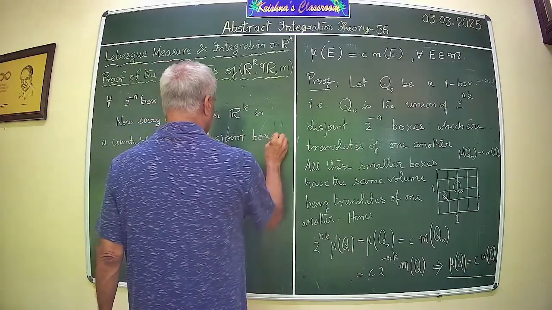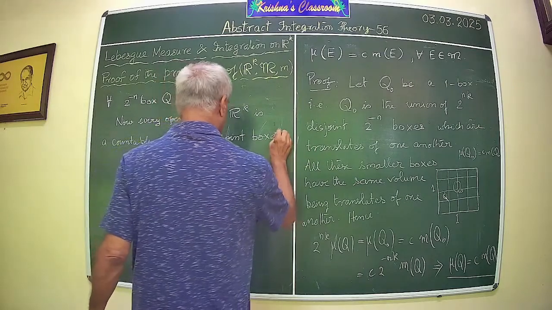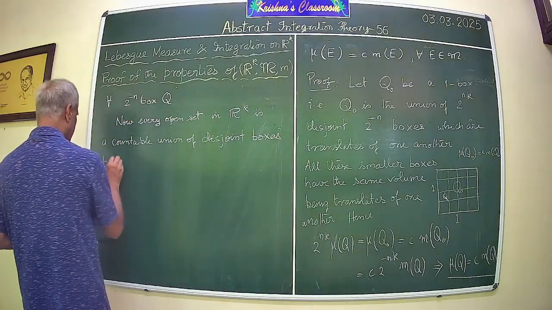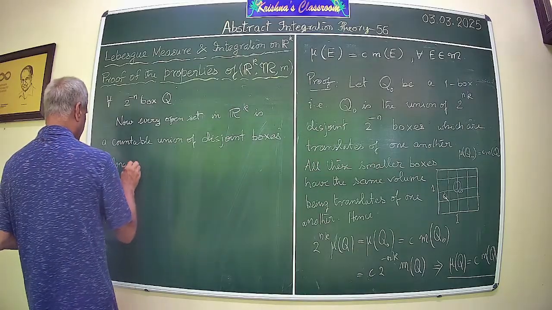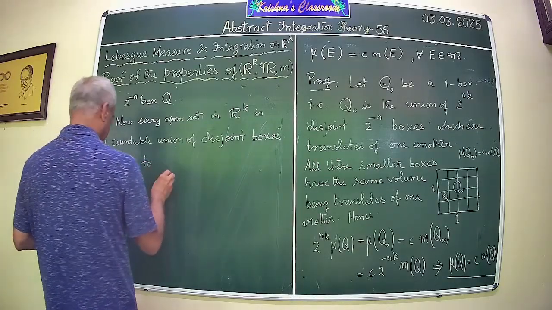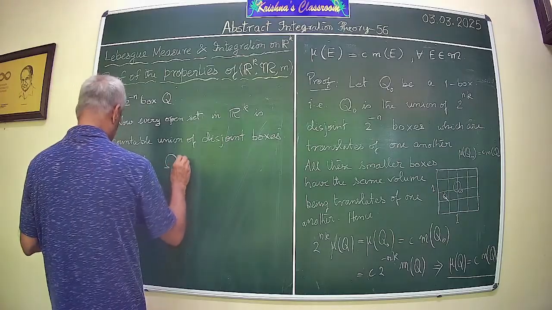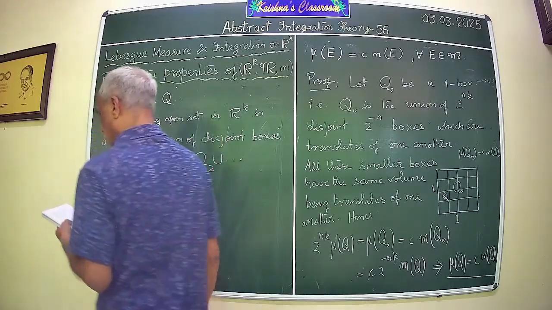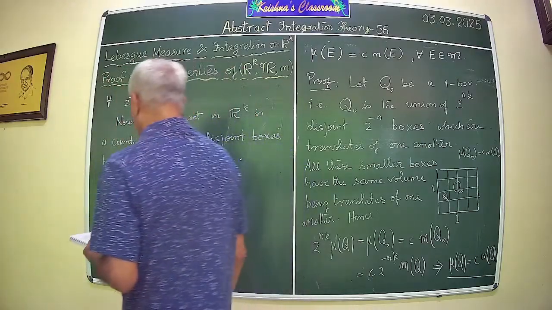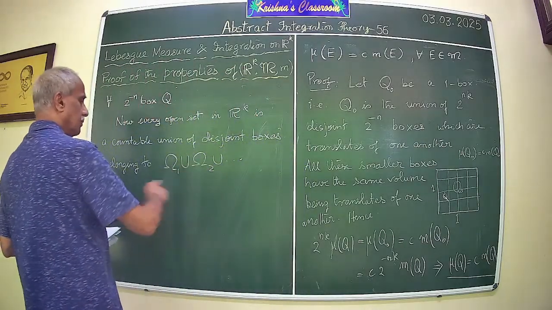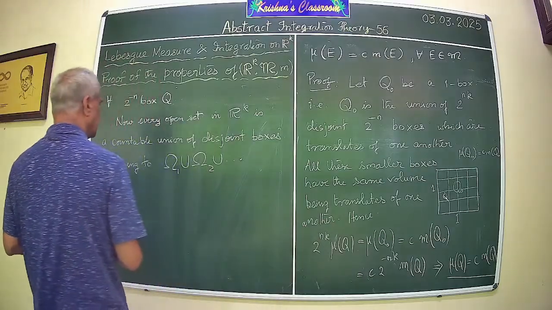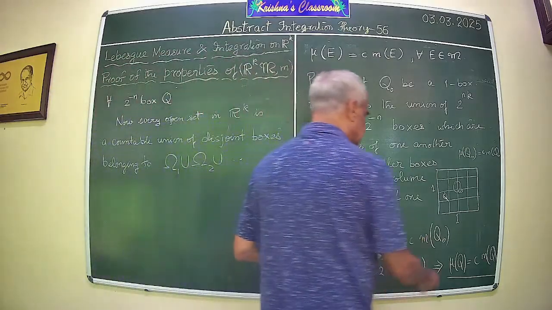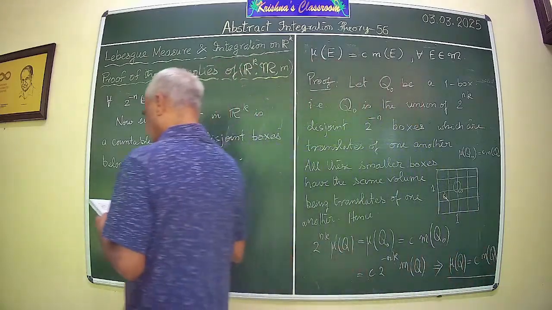This we have proved. Boxes belonging to omega 1 union omega 2. This we have proved earlier. And therefore, for each one of these boxes, this particular property is satisfied, and this is a disjoint union. Therefore, you get this equality true for every open set.